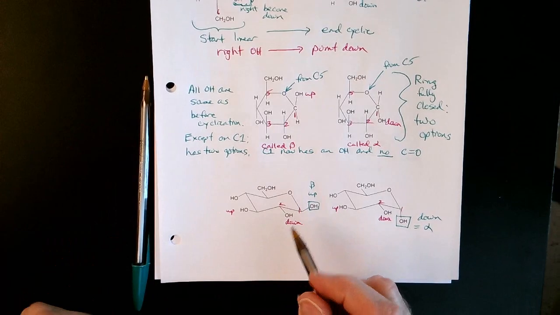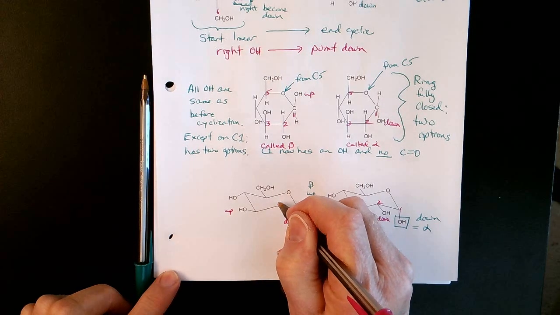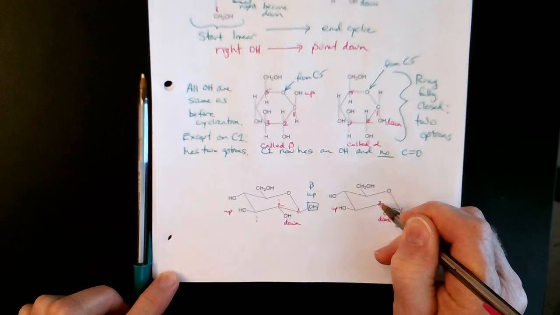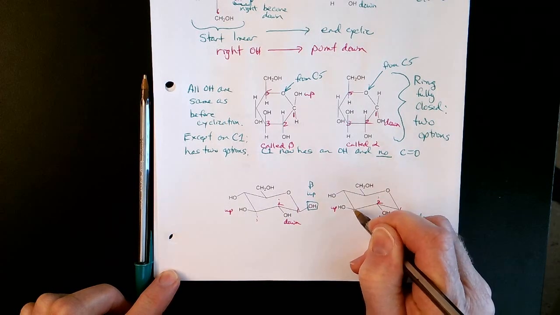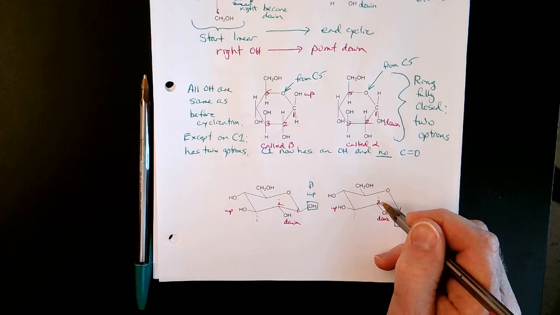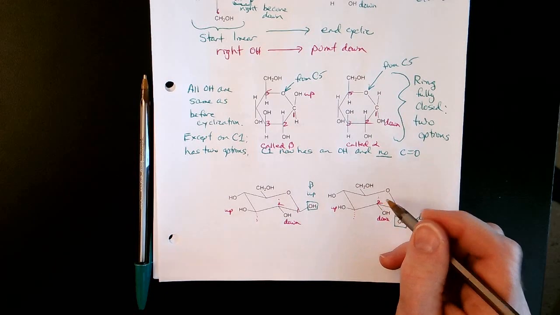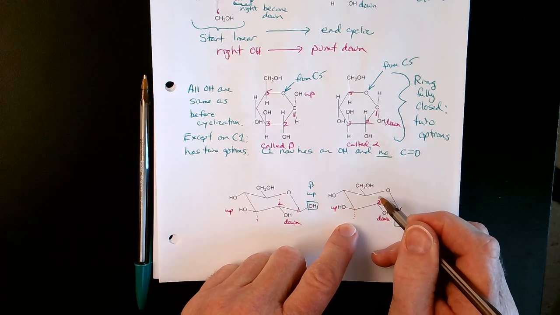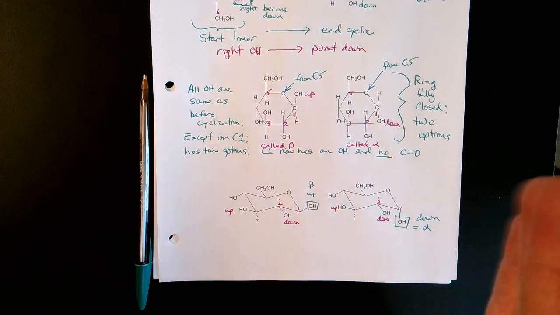Whereas axial means, and I'll dot them in here, straight up or straight down. That's where the OH would be sitting. All of these are carefully avoiding being straight up or straight down, as nature has handed it to us, and there's a reason for that. You get too many of them in axial positions, they start bumping into each other.